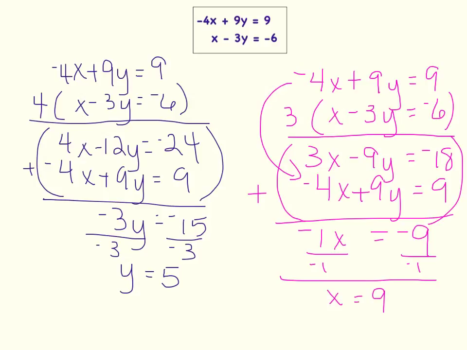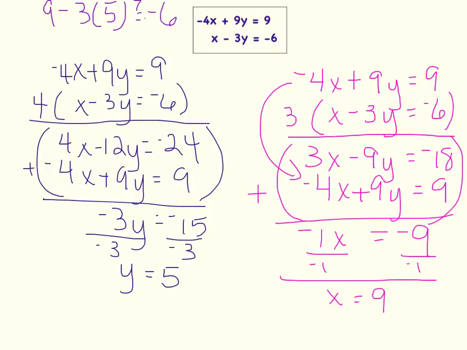I do want to check my work, so I'm going to do that in the upper left-hand corner over here in purple. So instead of x minus 3y equals -6, I'm going to substitute the 9 for the x, and that's going to be minus 3 times 5, because 5 is supposed to be my y value, and it should equal -6.